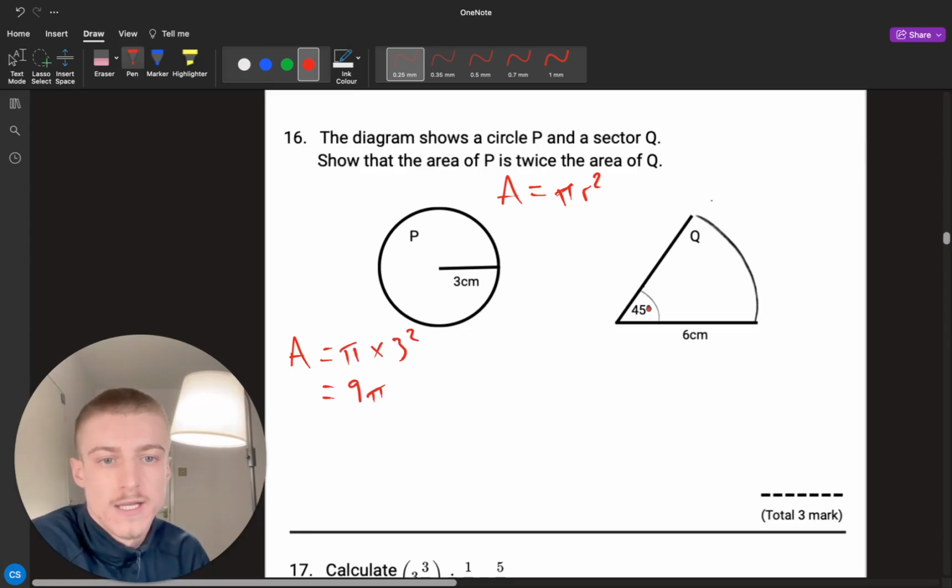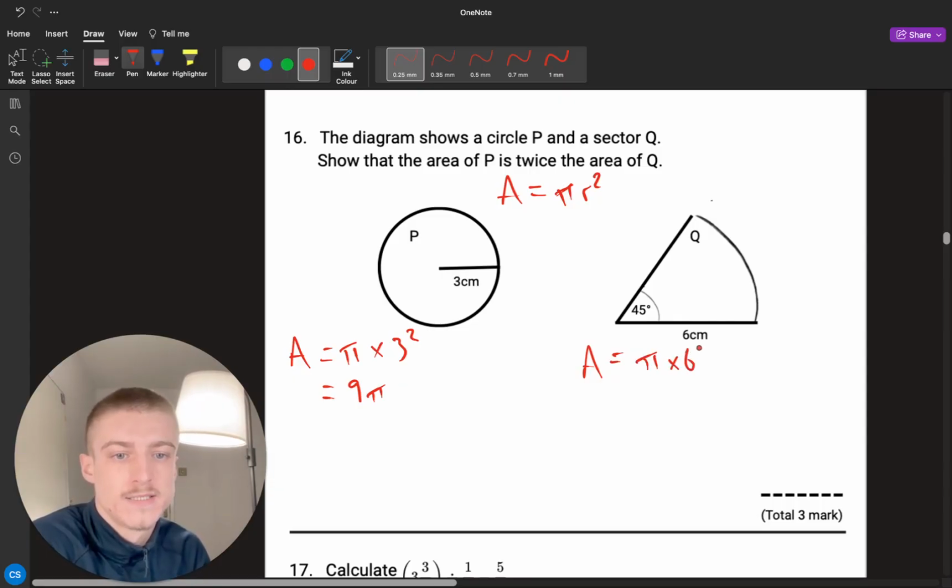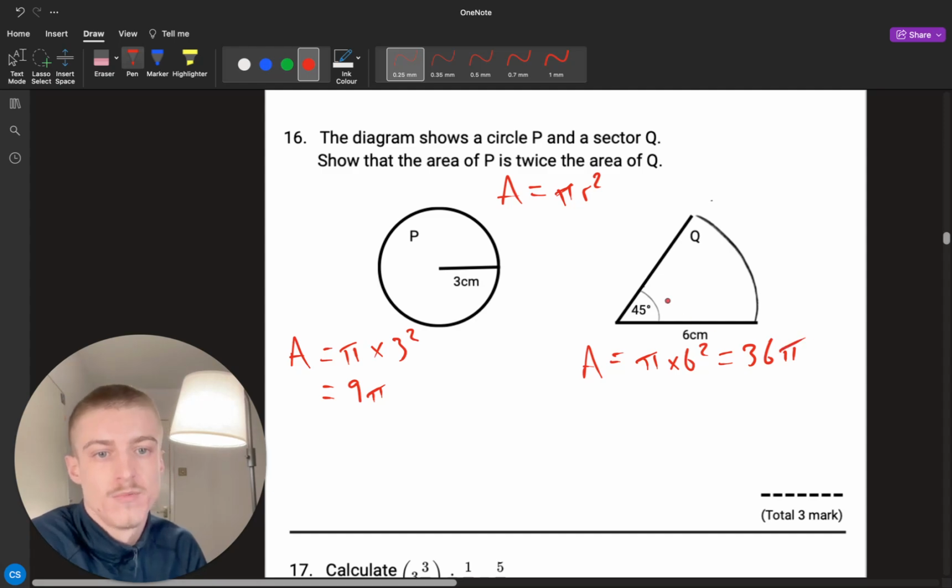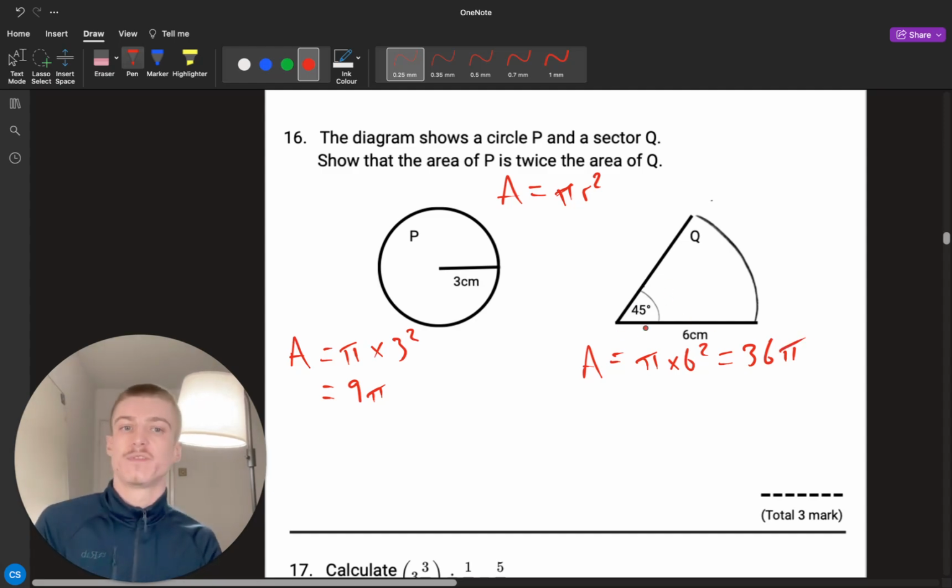Cool. Now for the area of Q, let's assume an entire circle first, then we'll focus down into the sector itself. Pi r squared, we've got pi times 6 squared. That gives us 36 pi. But we only have 45 degrees of this out of the whole 360.